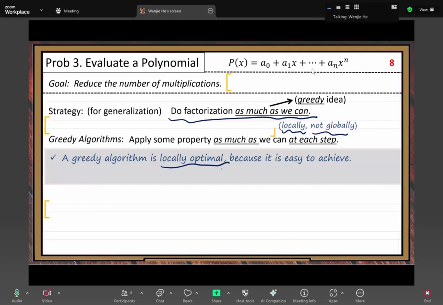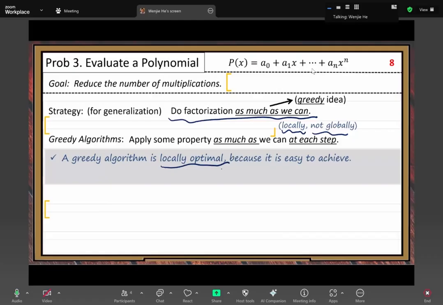So each local decision, you get an optimal result, but you put them together, then you look at your solution globally, actually, many times you won't get a global optimal solution. So that's the main property of the greedy algorithm.